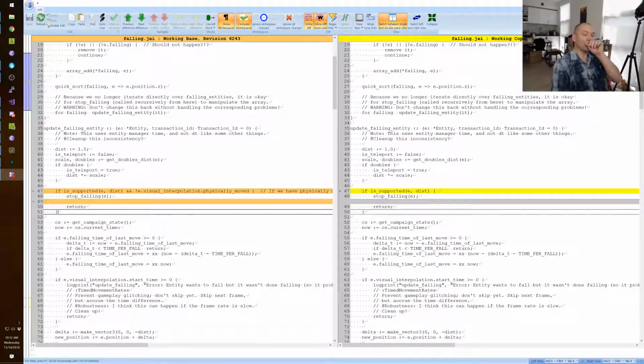So we would do the other check first. We would say, if you're closer to your start point of your interpolation than your end point, and you're supported, then stop falling.